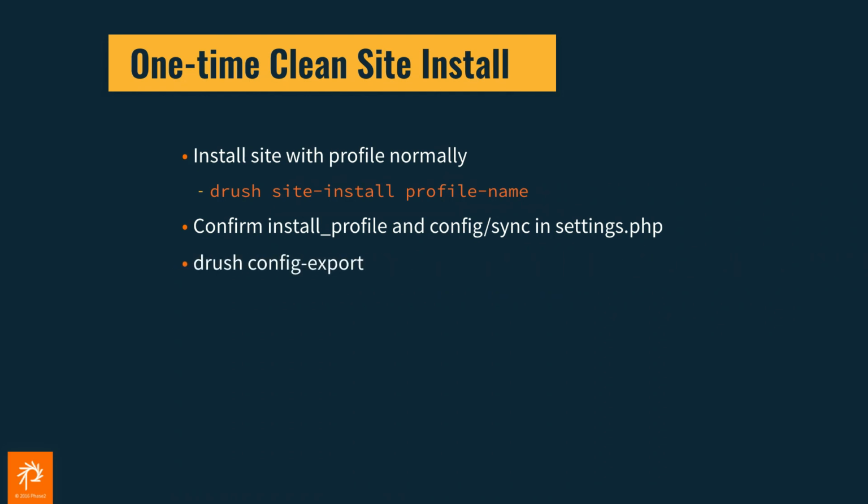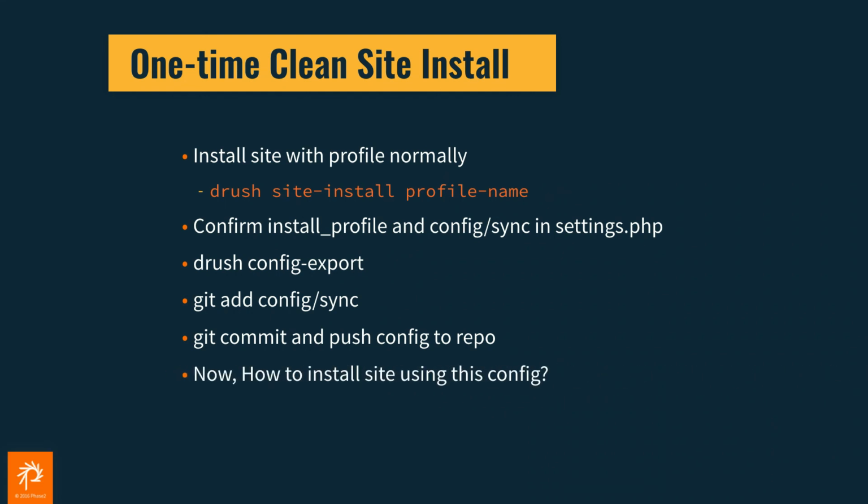Once those two things are set, you can go ahead and do your initial clean export. So you haven't created anything yet. You don't have any content types or fields or views. You've just got a clean install of your profile. Do your initial config export, and then add that to your code repo, and now you've got the clean site. Go ahead and commit it and push it to your repo.